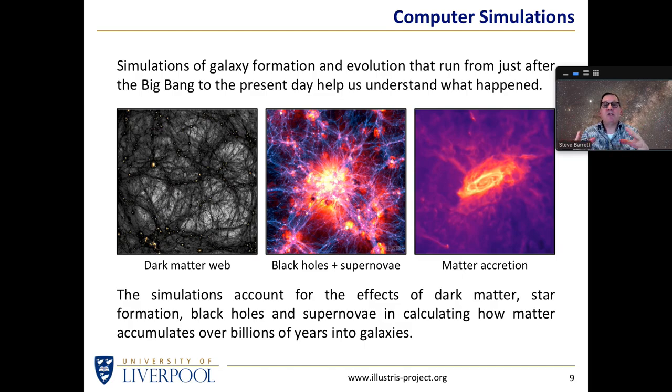As matter is contracting under the influence of gravity, once the densities become high enough, we can form stars, and stars are born and they live and they die, and at the end of a star's life it might go supernova and it might produce outgoing gas that will impede the infalling gas that we're trying to accrete to make the stars and make the galaxies. So it's not just gravity working unimpeded to make a galaxy. We have to take into account star-forming processes that can actually impede the infalling matter.